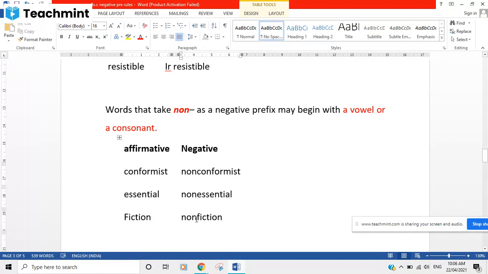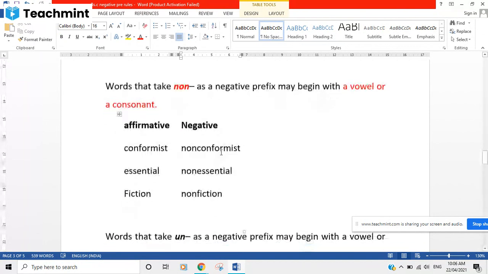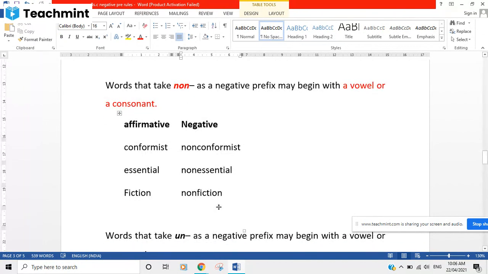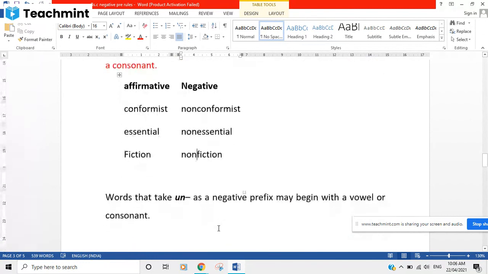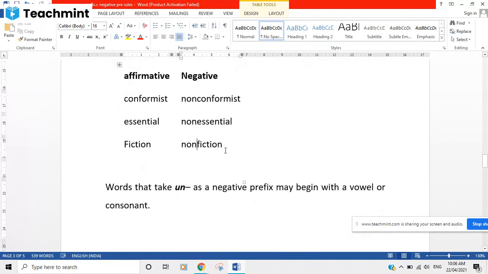Next, fashionable. Okay. Fashionable becomes unfashionable. Next, attractive.